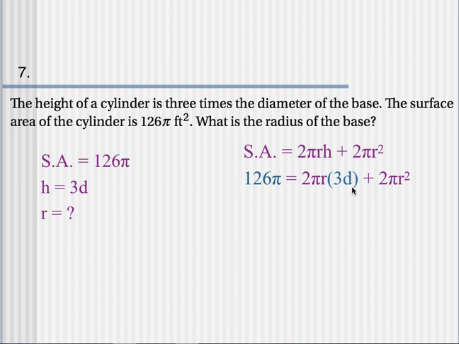Ideally, we'd have only one variable, and the variable we really want is radius, R. So we want to think of a way to rewrite 3 times D so it's using R's instead. Now, here's the deal. You know how diameter is all the way across the center of a circle and radius is halfway across?